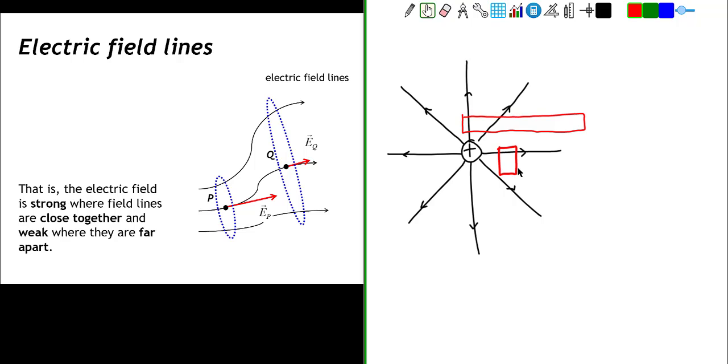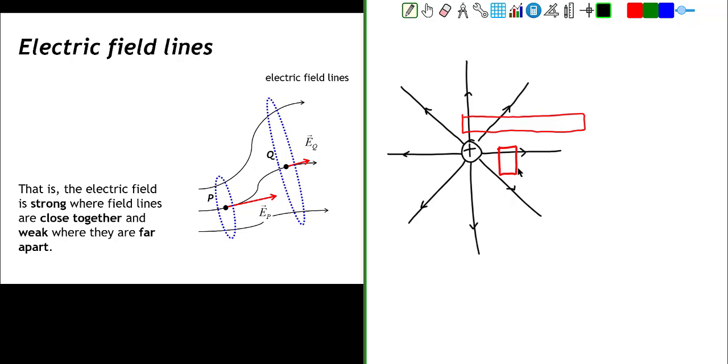The greater the density of electric field lines, the greater the strength of the electric field. And notice for this positive point charge, since the electric field lines spread out the farther away we go, we know that the electric field for this positive charge decreases with distance.